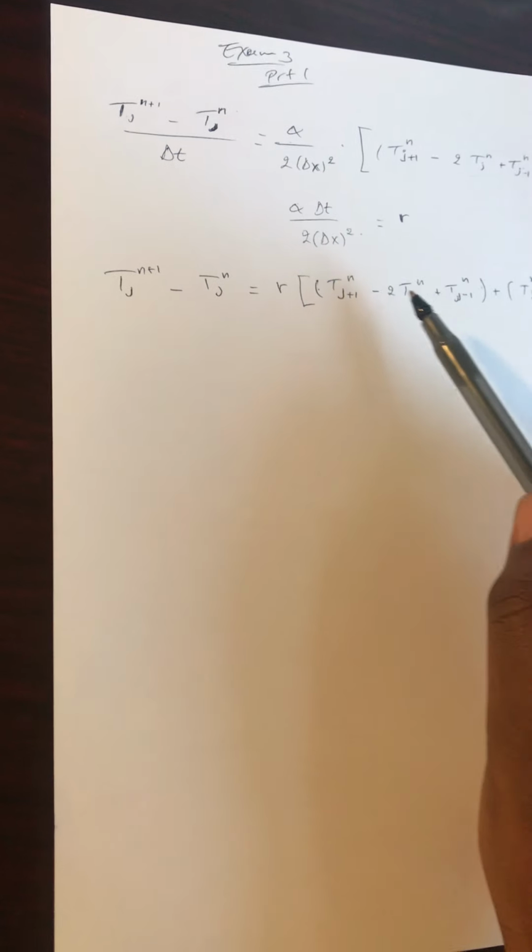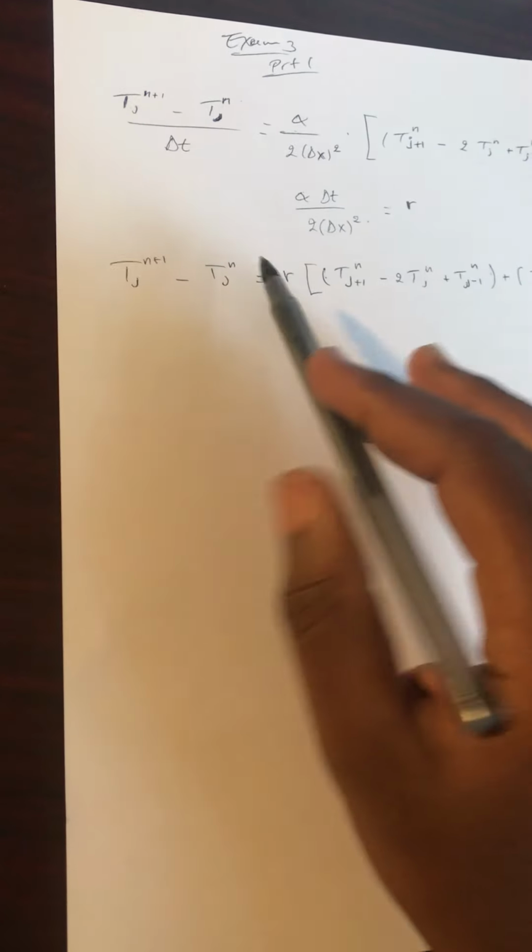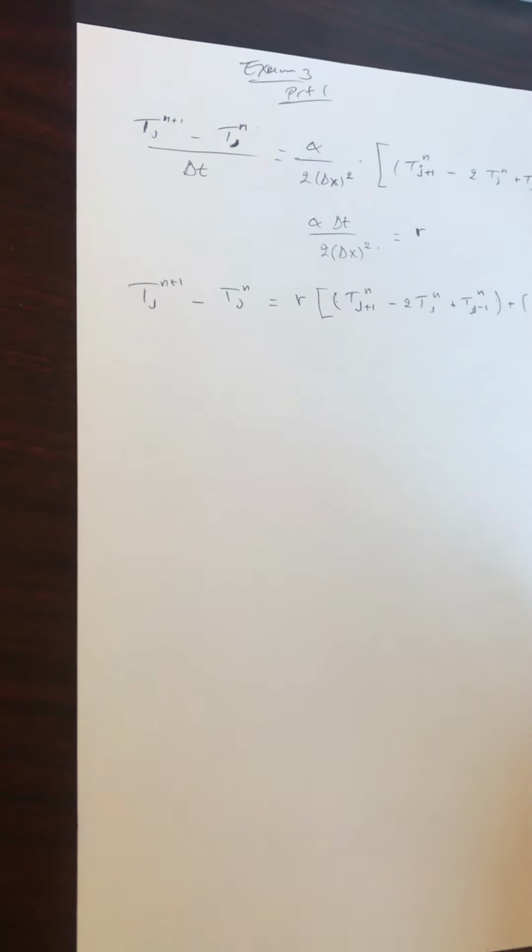So what we're really trying to find is the temperature at the next time, n plus 1. So when we do that, we're gonna bring all the variables with T to the power of n plus 1 on one side, and all the values with current time on the other side.